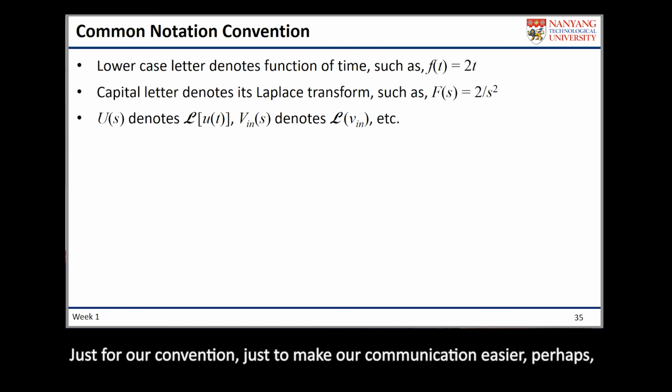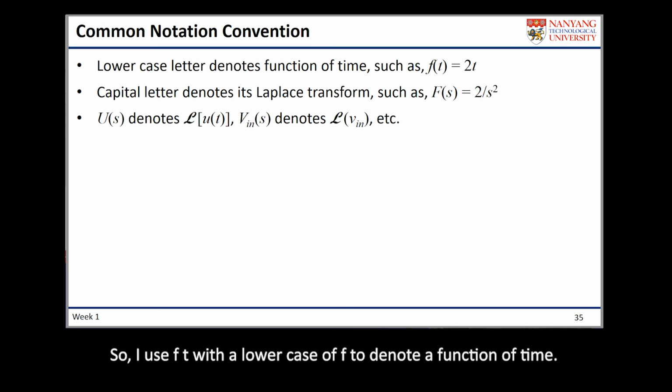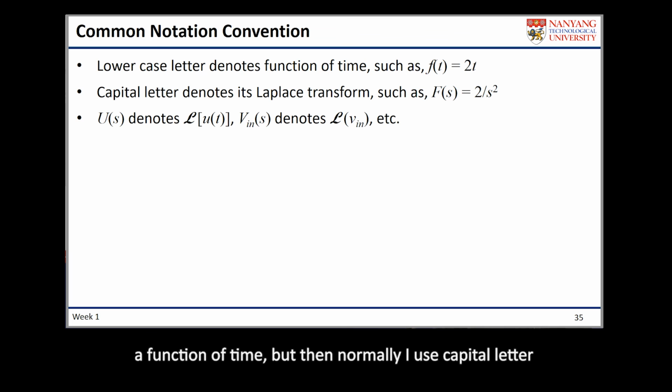Just for our convention, just to make our communication easier perhaps, normally I always use lowercase letter to denote function of time. So I use f(t) with a lowercase f to denote a function of time. For instance, f(t) with lowercase equal to 2t, a function of time.